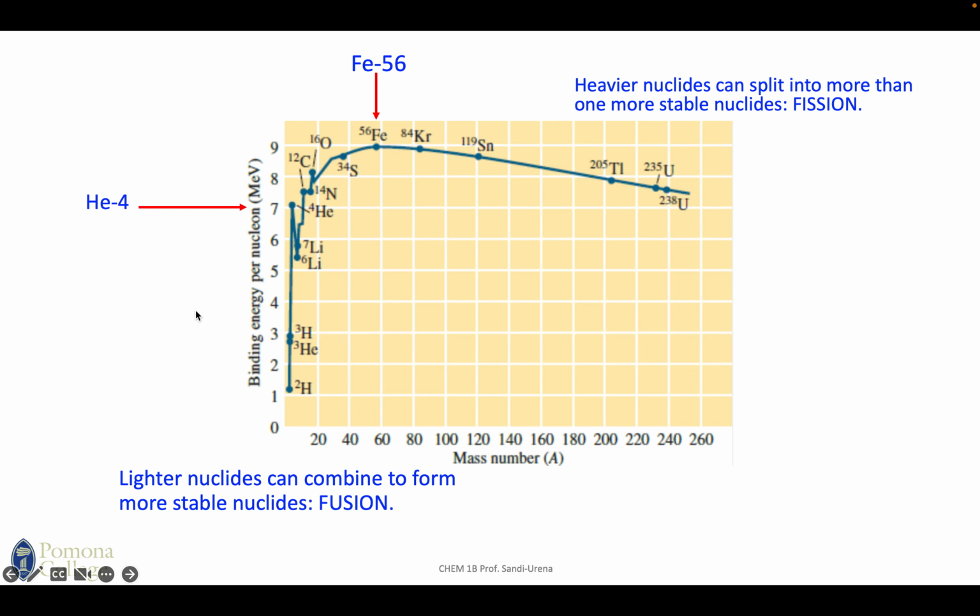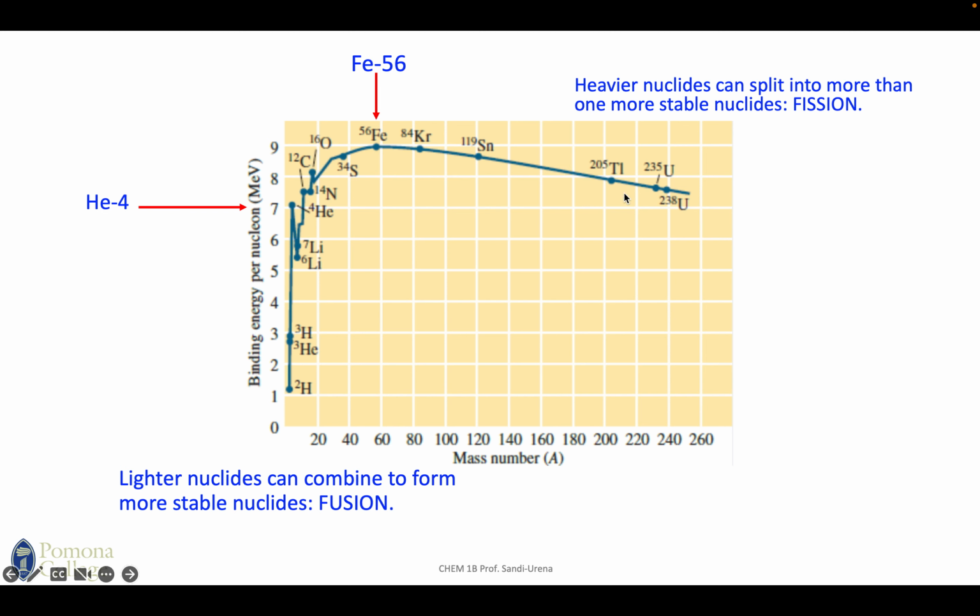Okay, and one thing that this plot tells us, we always interrogate our graphs, is that lighter nuclides tend to become more stable by combining more than one nuclide. That is, through fusion, combining, merging nuclides to get a heavier nuclide.